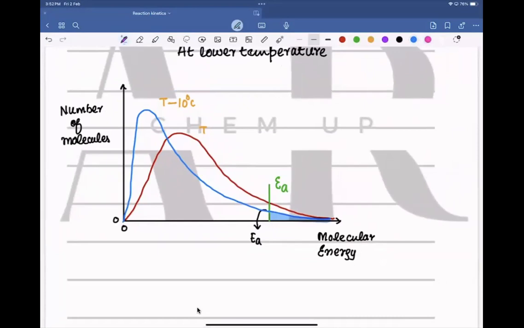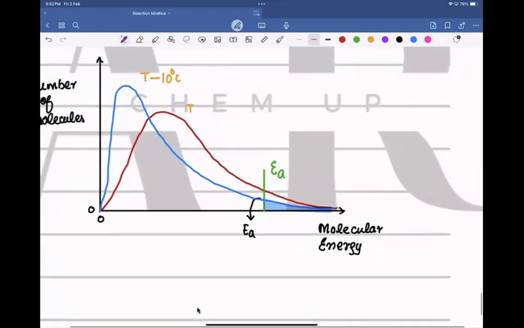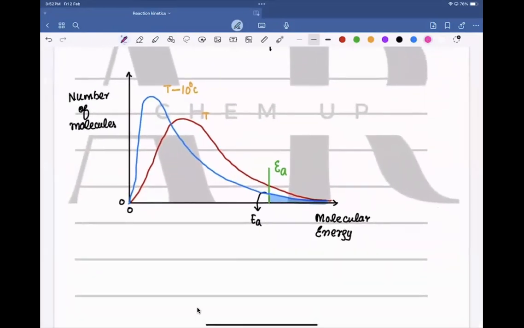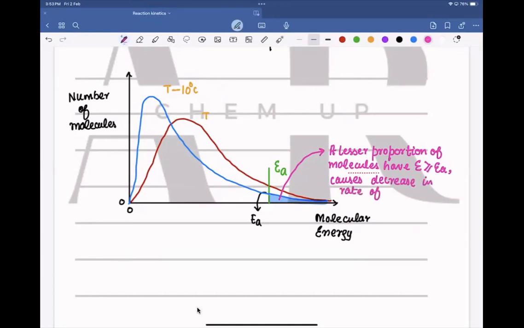So we can write over here: a lesser proportion of molecules have energy equal to or greater than activation energy, which causes a decrease in rate of reaction.